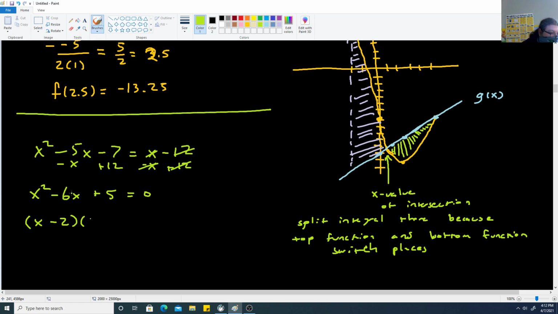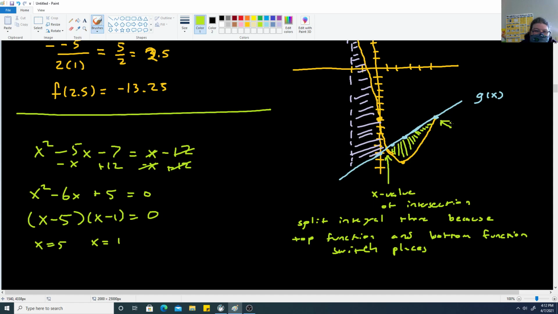Does this factor at all? Well, it does factor. So this will be x minus 5 times x minus 1 equals 0, which says either x is 5 or x is 1. These are the intersection points.